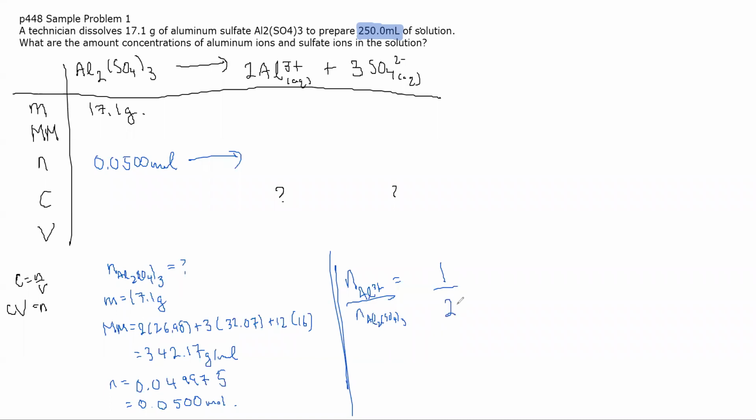Okay, so if I have 0.0500 moles of this, what would that be? 2x is equal to 0.0500, x is equal to 0.025.